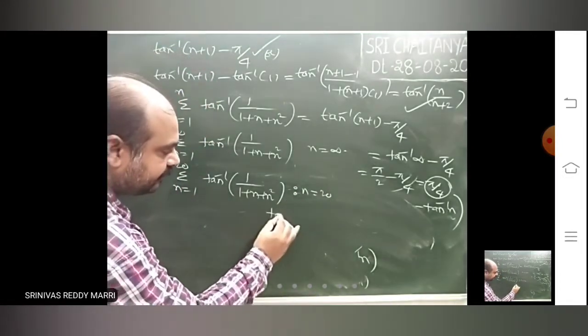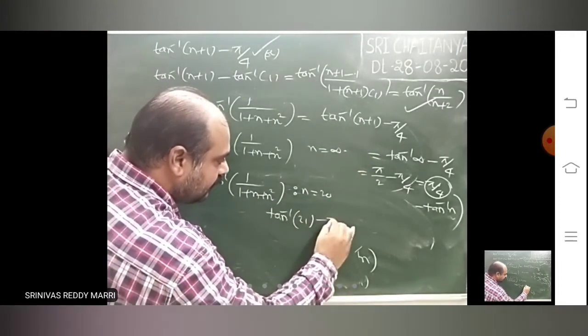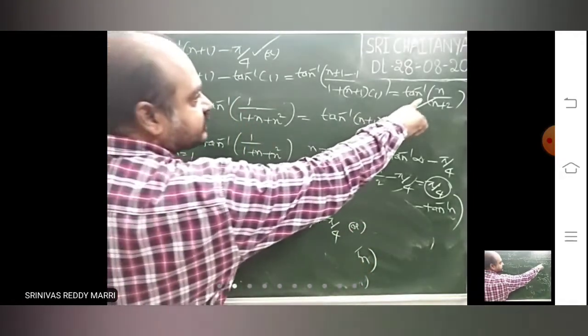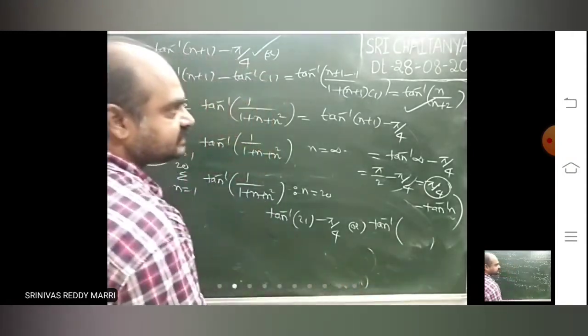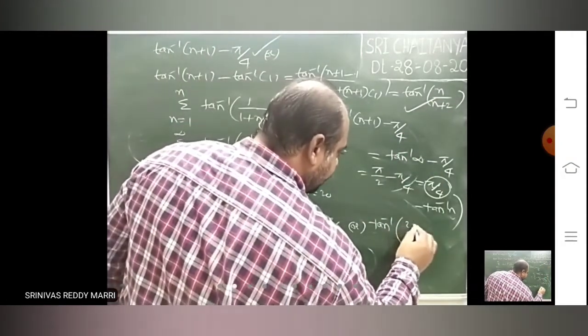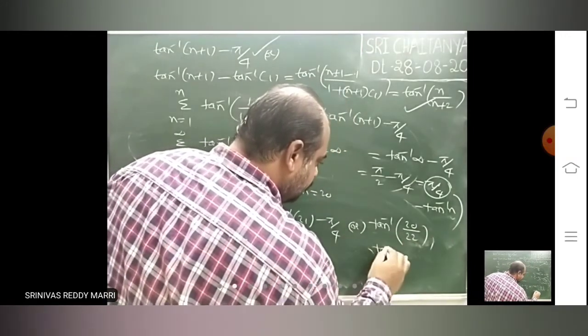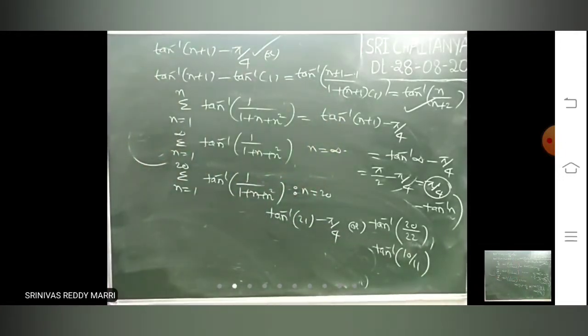Then you will get tan inverse of 21 minus pi by 4, or you can substitute the answer here also, or otherwise tan inverse 20 divided by 22, which is tan inverse 10 divided by 11.